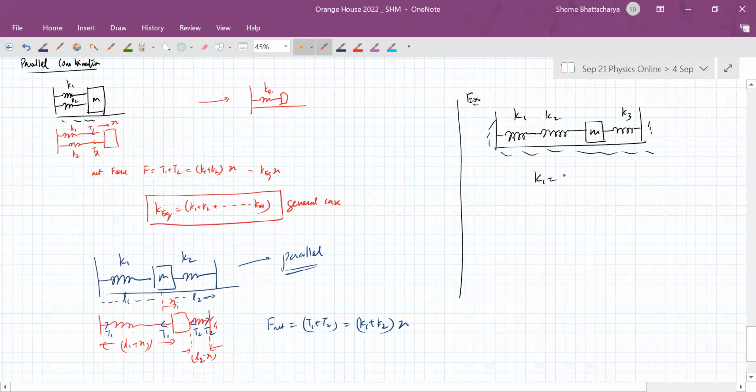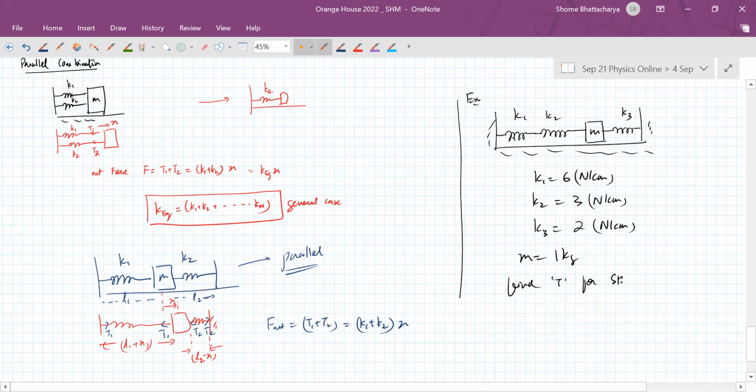K1 is 6 newtons per centimeter. K2 is 3 newtons per centimeter. And K3 is 2 newtons per centimeter. And the mass of the block is 1 kg. Find the time period for SHM of the block.